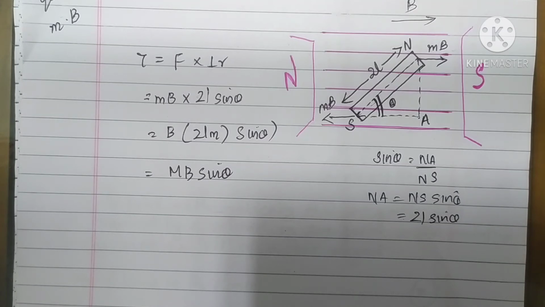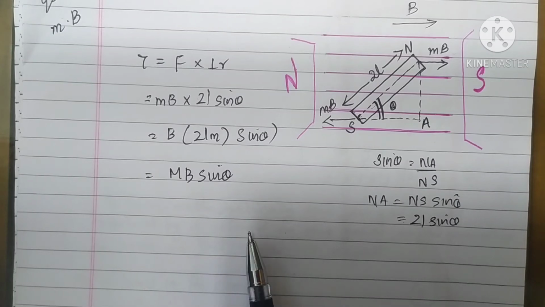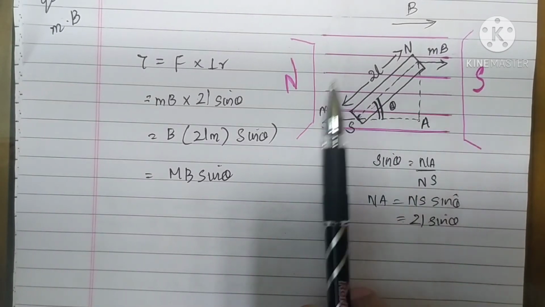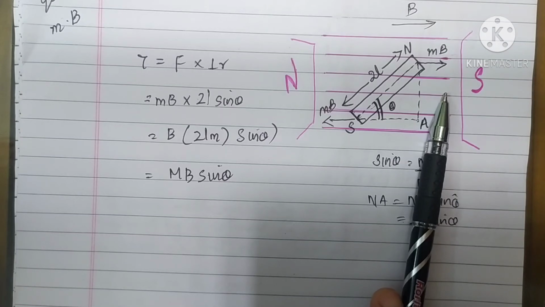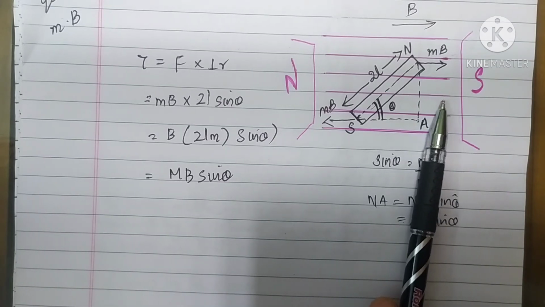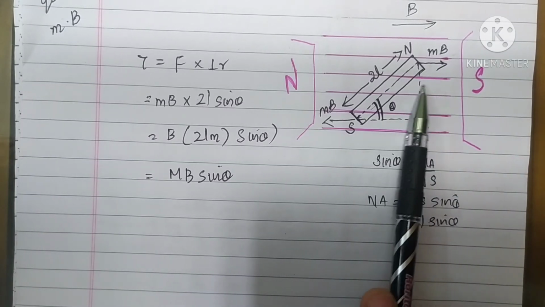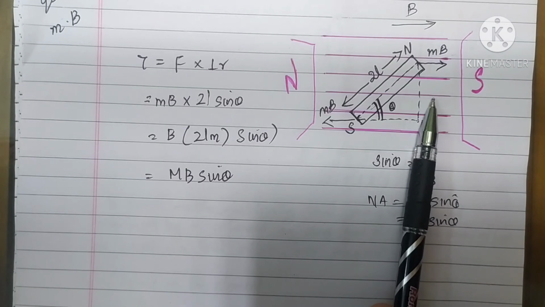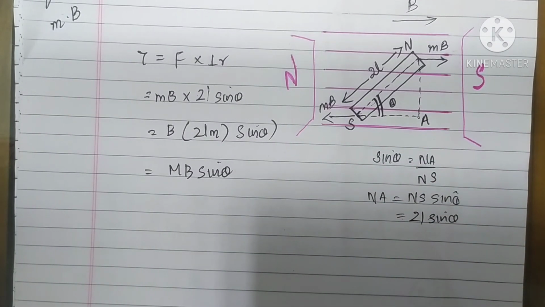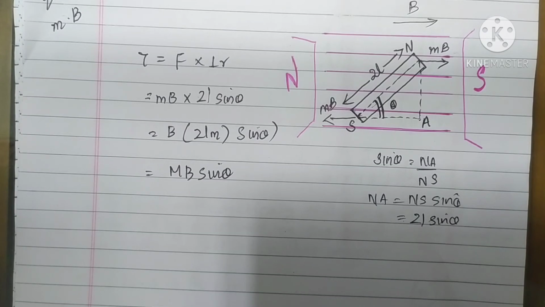So this is the expression for torque on a magnetic dipole in a uniform magnetic field. With this, actually this topic is deleted, but with this we are moving to the potential energy of a magnetic dipole. Always this torque tends to align the dipole in the direction of the field. So against this magnetic torque, you have to perform an external work, isn't it? Whatever work you are doing in order to take this particular magnetic moment against the torque is stored as potential energy of the dipole.